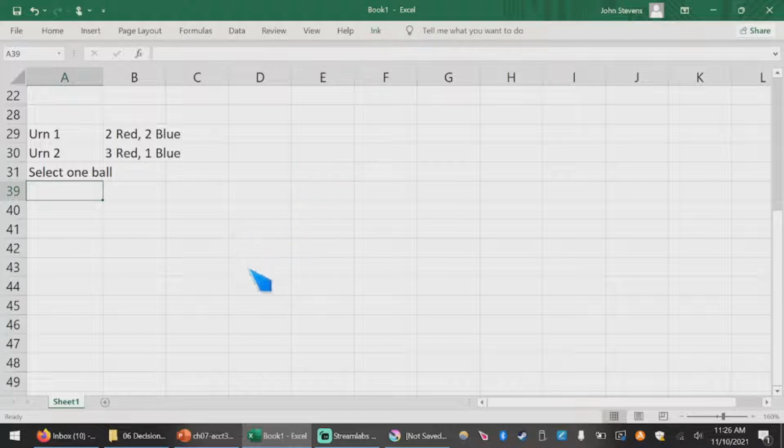When you think about the decisions you're making, if you are the one standing in front of these two urns with the instruction, select a ball, what are you going to do first? Well, obviously, I'm going to have to put my hand in one of these urns, and that tells me that when I start over here, I can split the possibilities up according to urn 1 or urn 2.